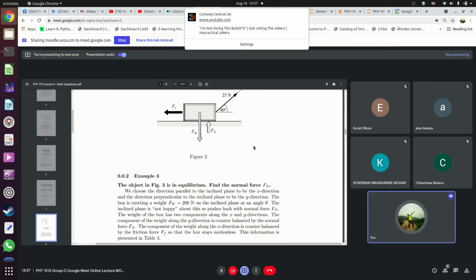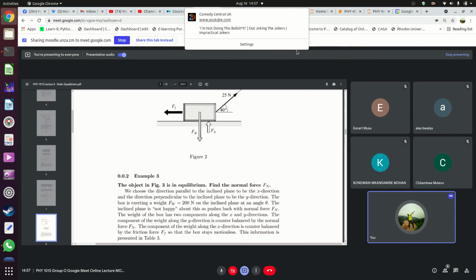If the object is not moving, like in our first example where the point P was not moving, you can choose anything to be your positive X direction. But if an object is moving in a particular direction, you choose the direction in which the object is moving to be your positive X-axis, then you start measuring angles from the positive X-axis, then you create your table of components.